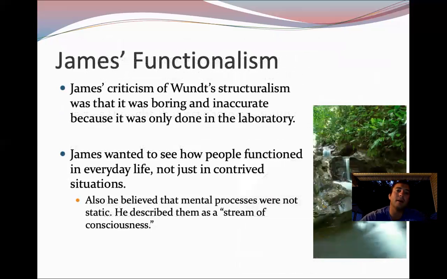Okay, here's one last slide. Again, that's why James wanted to branch off from this laboratory setting and understand people in their normal, everyday life. This observation that is done in a natural setting is naturalistic observation. And again, he also described that people act with a stream of consciousness, that we are constantly focused on our memories and our stimuli, and that we're moving in a direction.